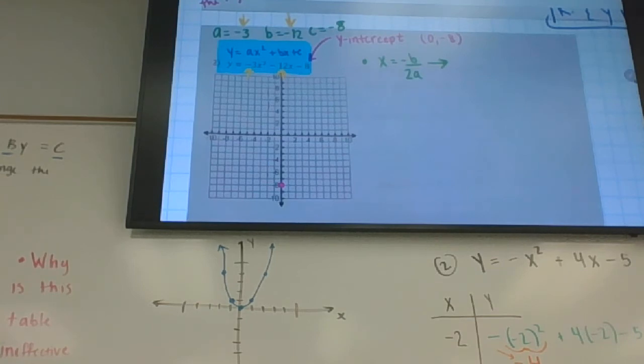So I'll do -12 over 2 times -3. That's kind of tricky. Too many negative signs. It takes practice. You don't just wake up knowing and getting there. You have to practice it.